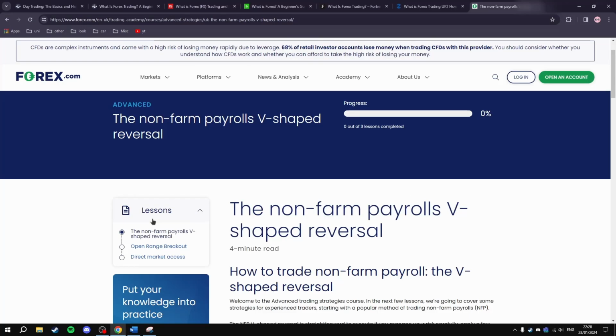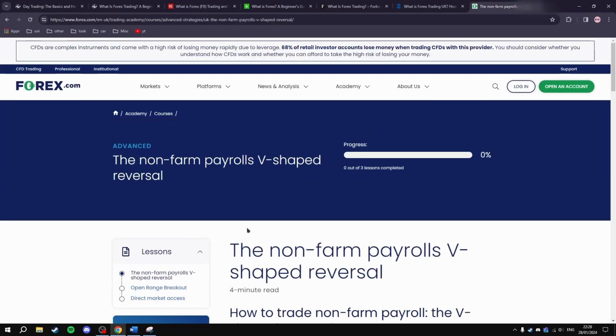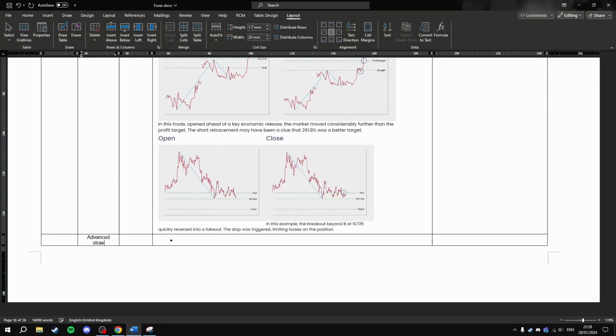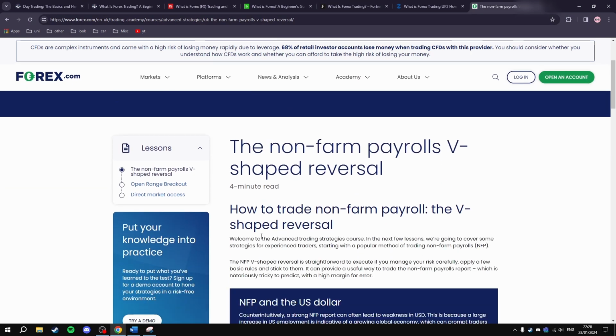So, advanced strategies, isn't it? The date is 28/01/2024. Cool. So, the non-farm payrolls V-shaped reversal. How to trade non-farm payroll, the V-shaped reversal.